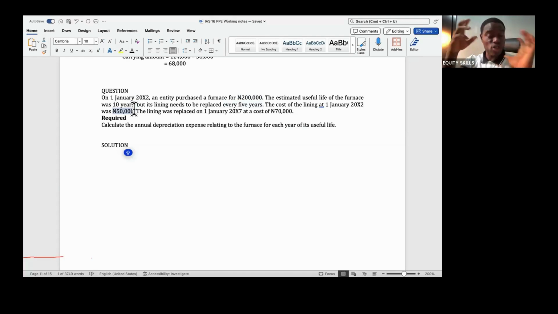The entire furnace is 200K. There's a lining within that furnace whose cost is 50K. That means the other part is 150K. The lining has a useful life of 5 years. The other part has a useful life of 10 years. You can't depreciate them together. You depreciate them separately.